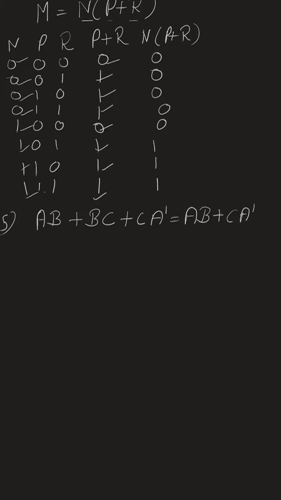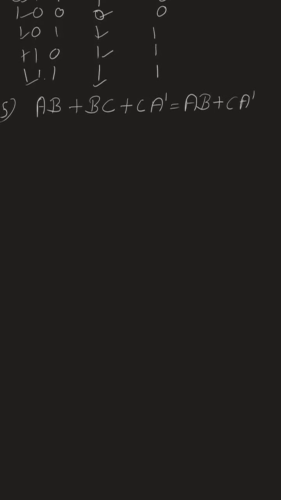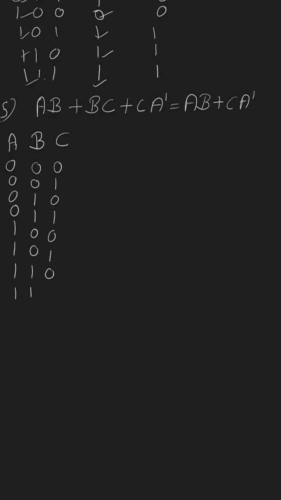So A, B, C, three variables are there. So we need the possible combinations of three variables here. So you can make the table of three variables A, B, and C. So write down A, B, C, 4 times 0, 4 times 1, 2 times 0, 2 times 1, 2 times again 0, 2 times 1, and in C 0 1 0 1 0 1 0 1.